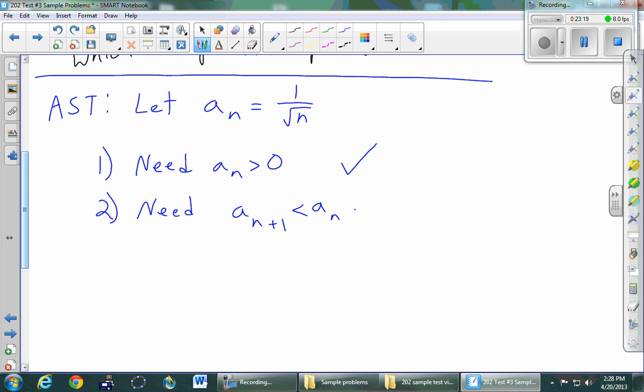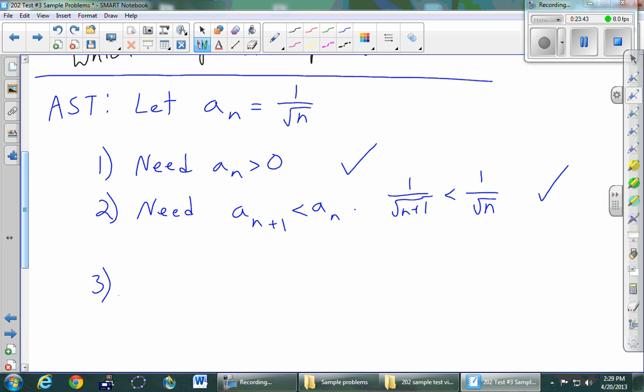So what do we have here? So then we can say that 1 over the square root of n plus 1 compared to 1 over square root of n. That's just looking at the n plus 1 term and the n term. Well, definitely the first one is smaller, right? Because the denominator is bigger. So that is another check.